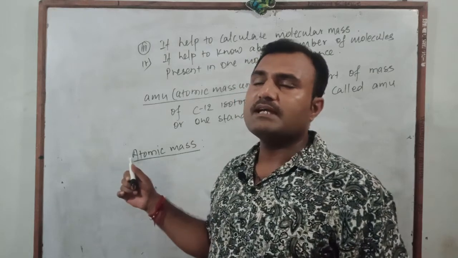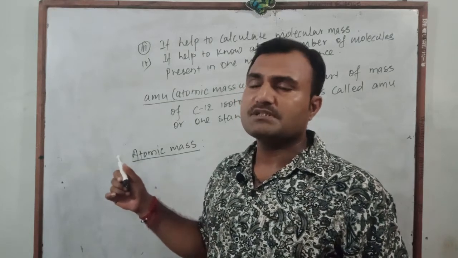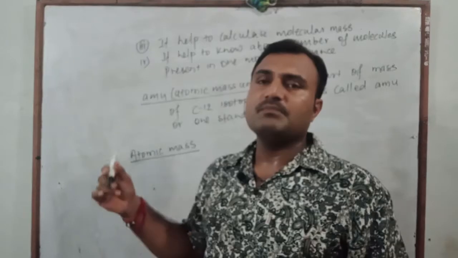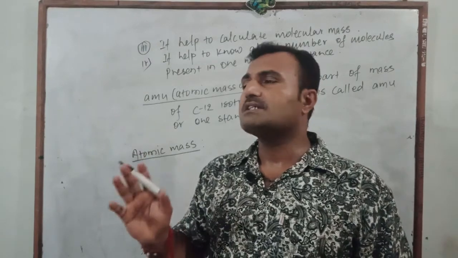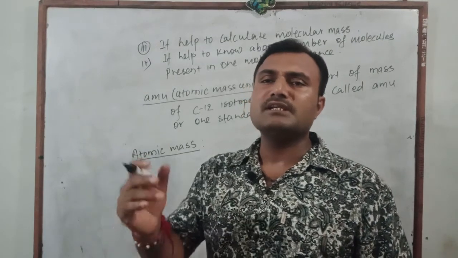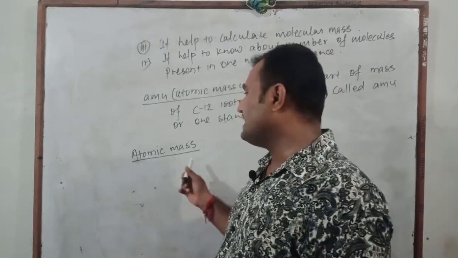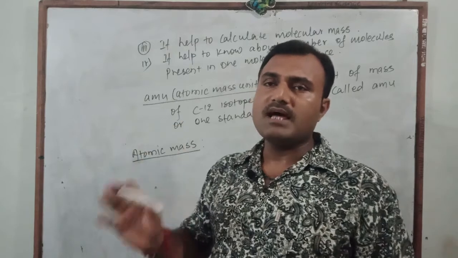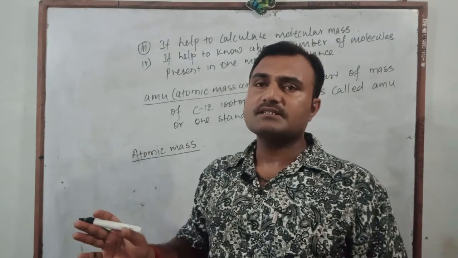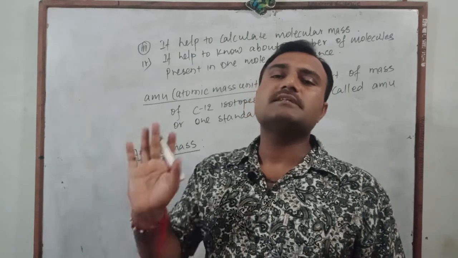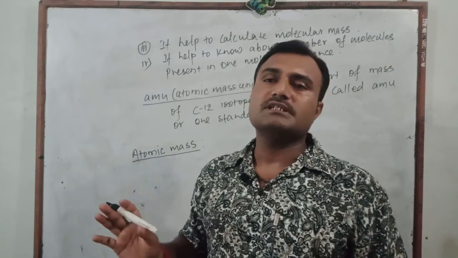These three particles are too smaller, and among these three, mass of electrons are negligible, that we consider 0. And due to that reason, total mass of atom remains located at center, which is called nucleus.